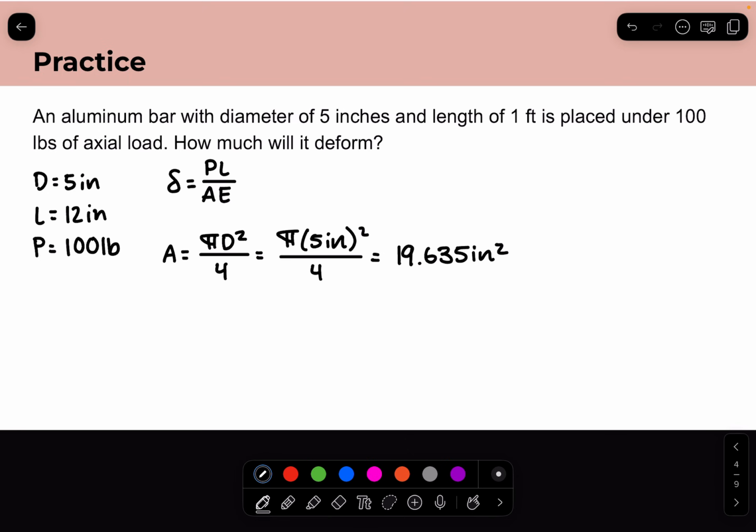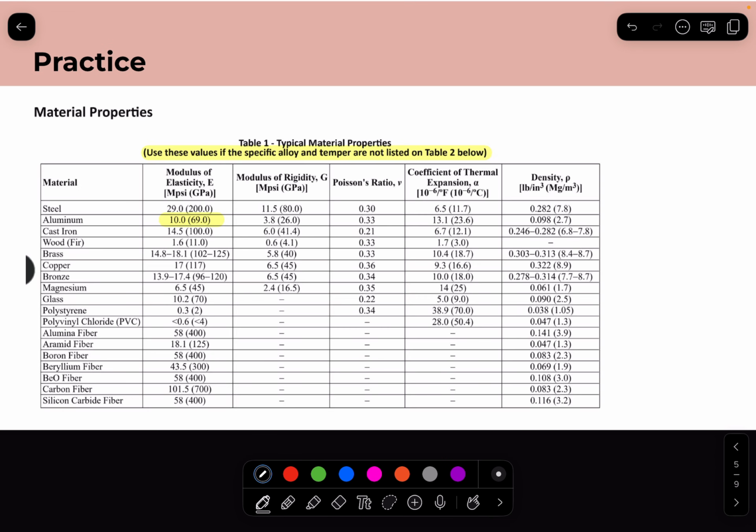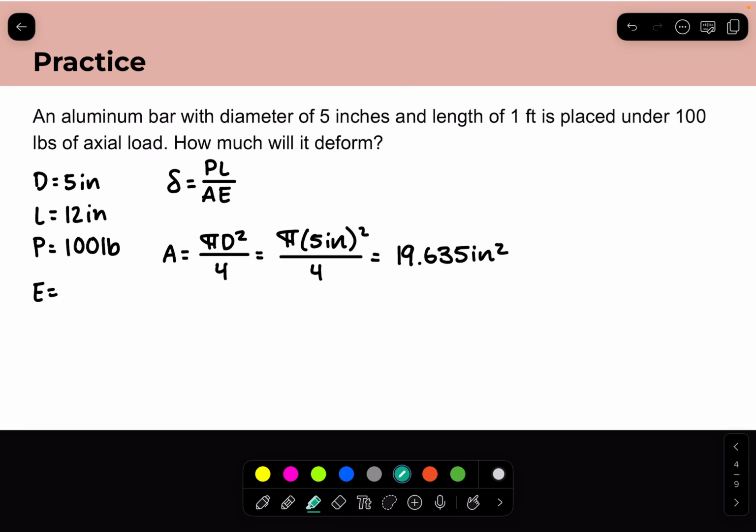Now we have P, we have L, and we have A. We're going to need Young's modulus. So for that, I'm going to look towards the reference manual. In the materials properties section of the reference manual, there's two tables. The top table says to only use these values if the specific alloy and temper are not listed on the table below. Well, our problem statement is only asking for the aluminum bar.